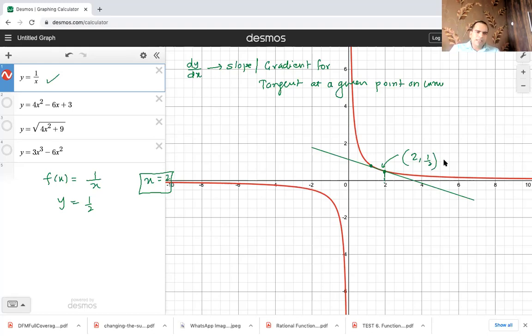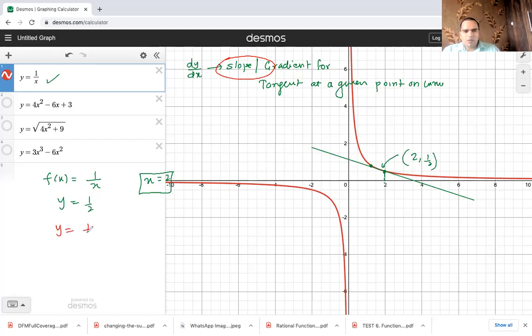Number 2: the second part, which I need, is the slope of the particular line. For that, we need to do the derivative, because as we know, the derivative represents the slope. So our first step is to find the derivative of this function.